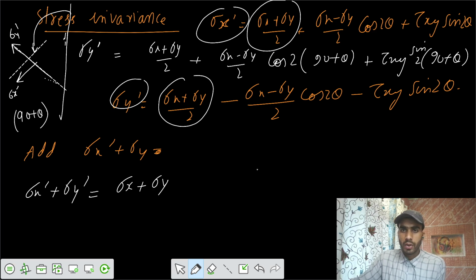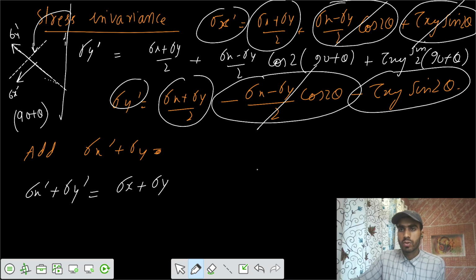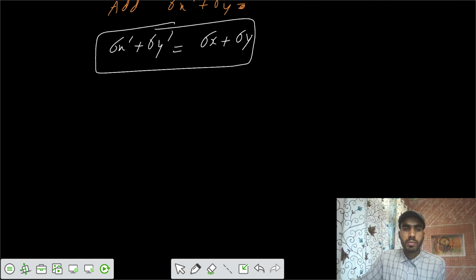Here one term is positive and there it is negative, so it gets cancelled. Similarly, the other term is negative in one and positive in the other, so that also gets cancelled. So we get this relation for stresses on two perpendicular planes.